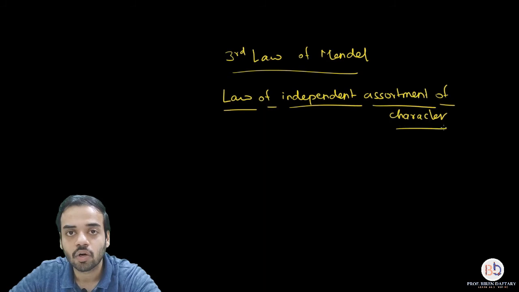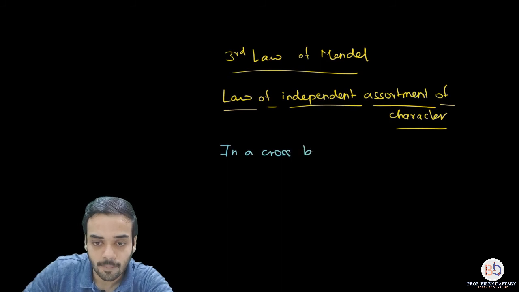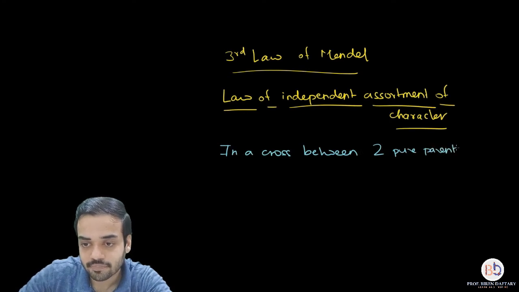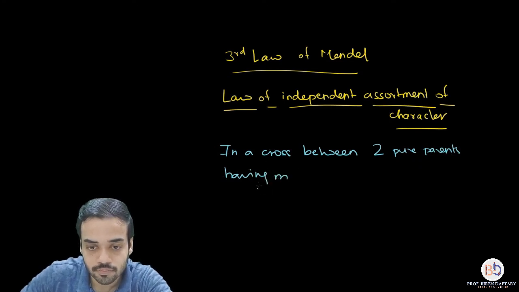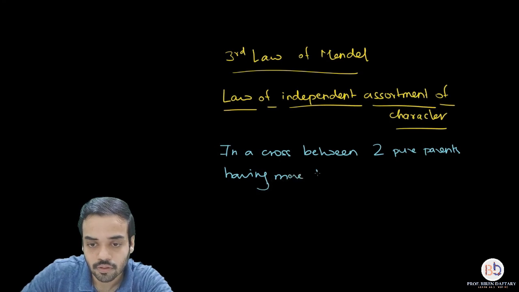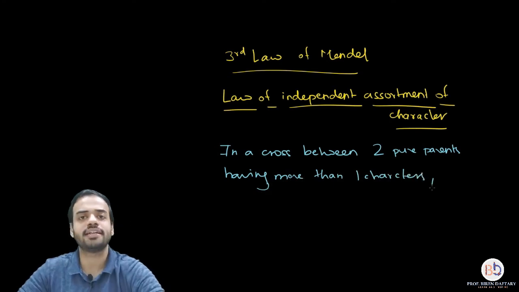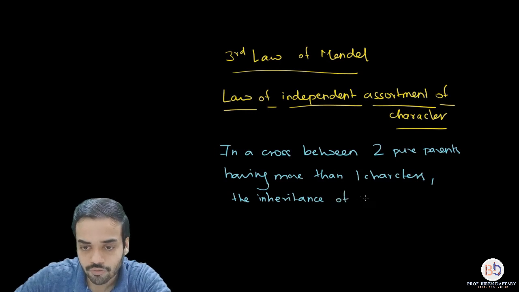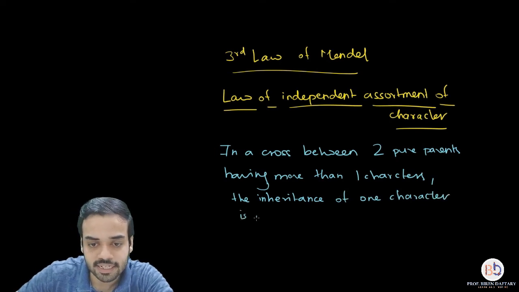Is this clear? Okay, the statement goes like this: in a cross between two pure parents having more than one character, that means two or three, dihybrid, trihybrid, okay, the inheritance of one character is independent of the other.